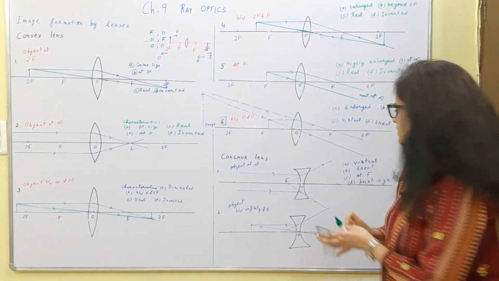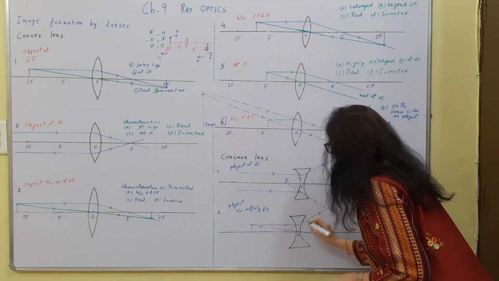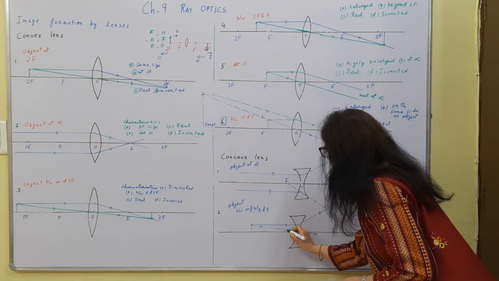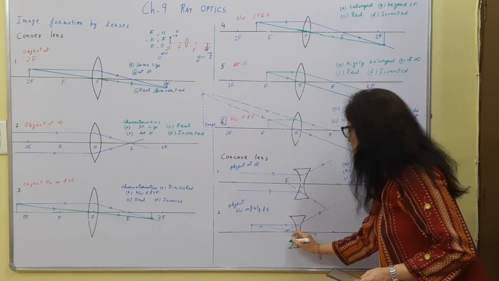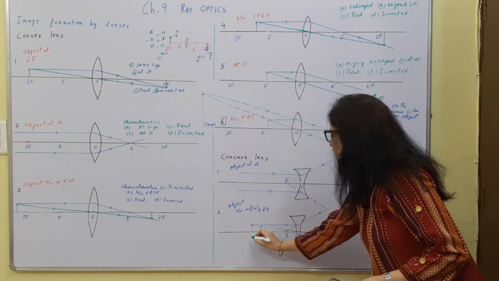So the place where this intersection appears to take place, this is the image, this is the object.